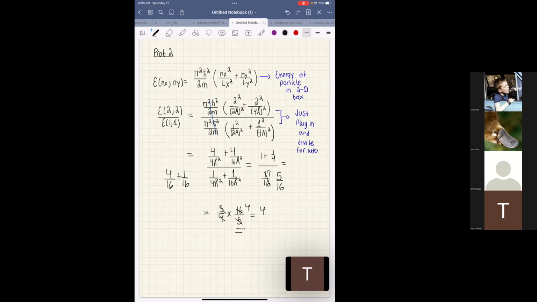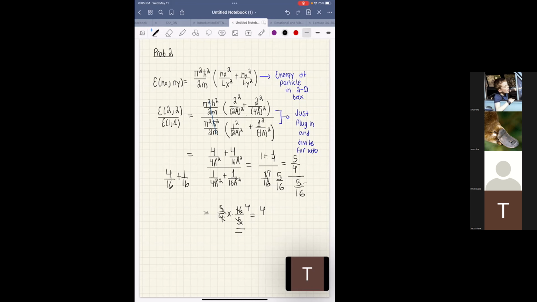Because when you add this, it's 4/4 plus 1/4, so you're going to get 5/4, and that's going to be 5/16. And when you divide by a fraction, you just multiply by the reciprocal. So you're going to have 5/4 times 16 over 5. Yeah, I see it. I get it now.